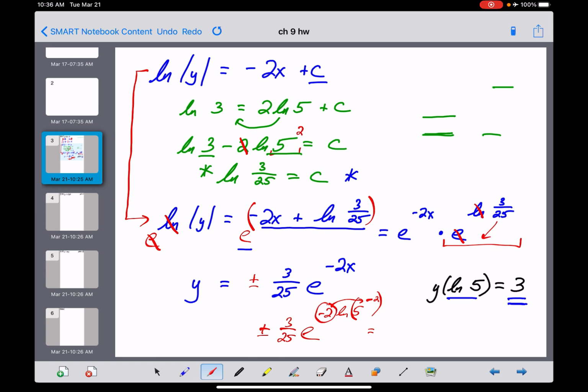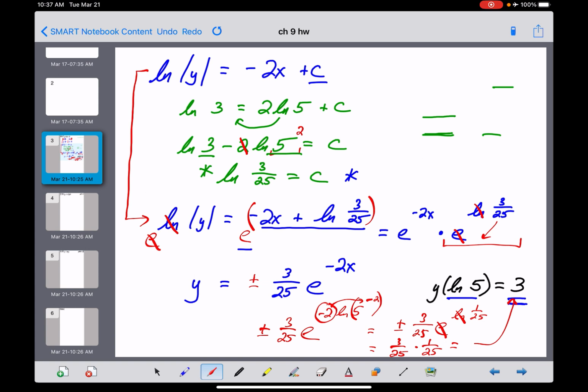So that becomes plus or minus 3/25, and then we've got e to the natural log of 5 to the negative second power, there is going to be a 1/25. Now when that e and that natural log cancel, that'll leave me with a 3/25 multiplied by a 1/25 right there, and that is not going to get me the 3 that I was expecting. That gets us, wow, a really big number, a fraction there of 3 over what, 625.